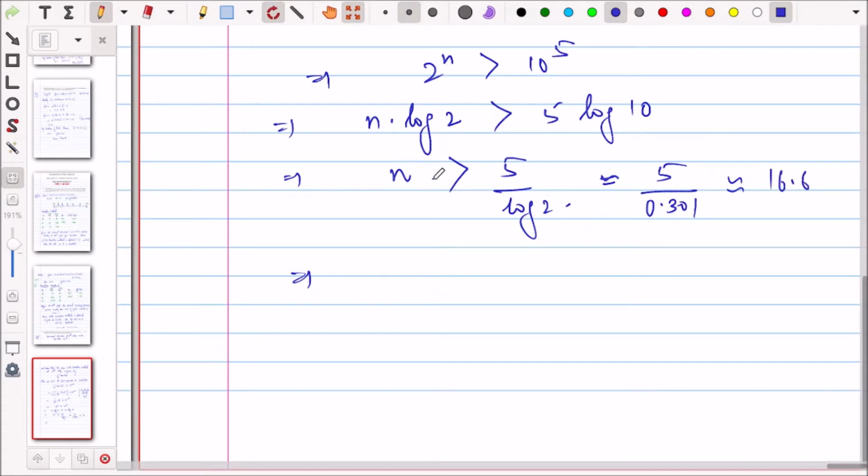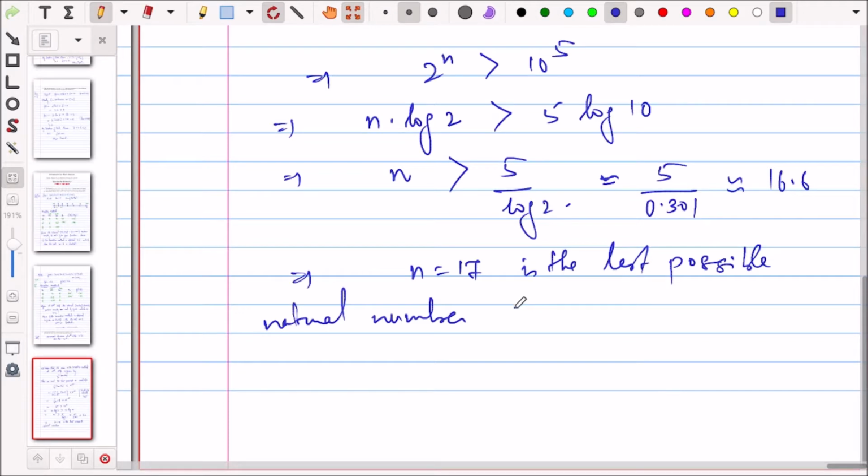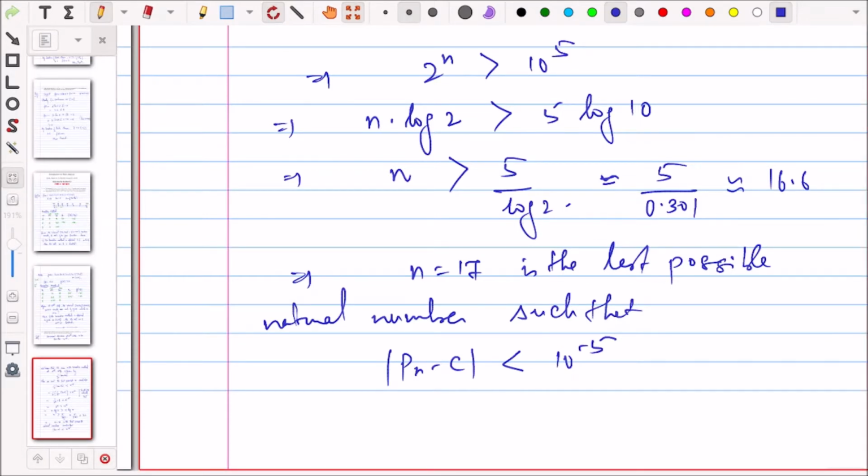So we want the least possible integer greater than 16.6, that is, n equal to 17 is the least possible natural number such that |Pn minus c| is less than 10 to the power minus 5. So n equal to 17 is the desired answer.